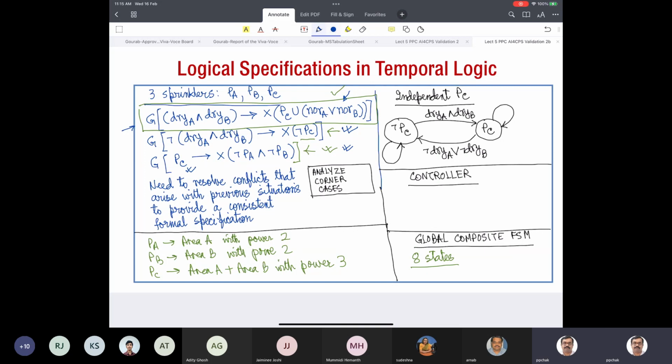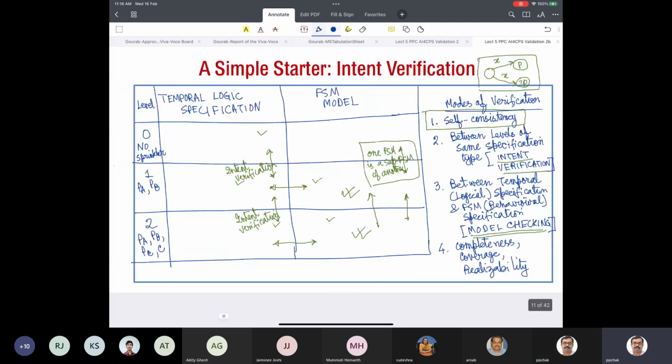So this is how we wrote this, and we said that if I have a state machine for a sprinkler, then again we will end up with an 8 state machine, and if we have one for the controller, then we will end up with 16 state machines. So with this recap, we discussed what our verification problem is.